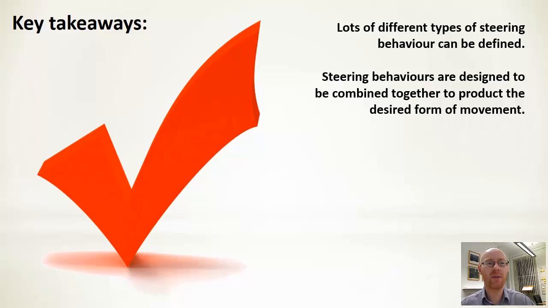I could add in sort of a look as you're moving, so I always face towards the direction. And because we're outputting accelerations and angular accelerations, you just add them together. So that's the strength of the steering behaviours: their ability to combine them in different ways to give potentially quite sophisticated forms of behaviour overall.